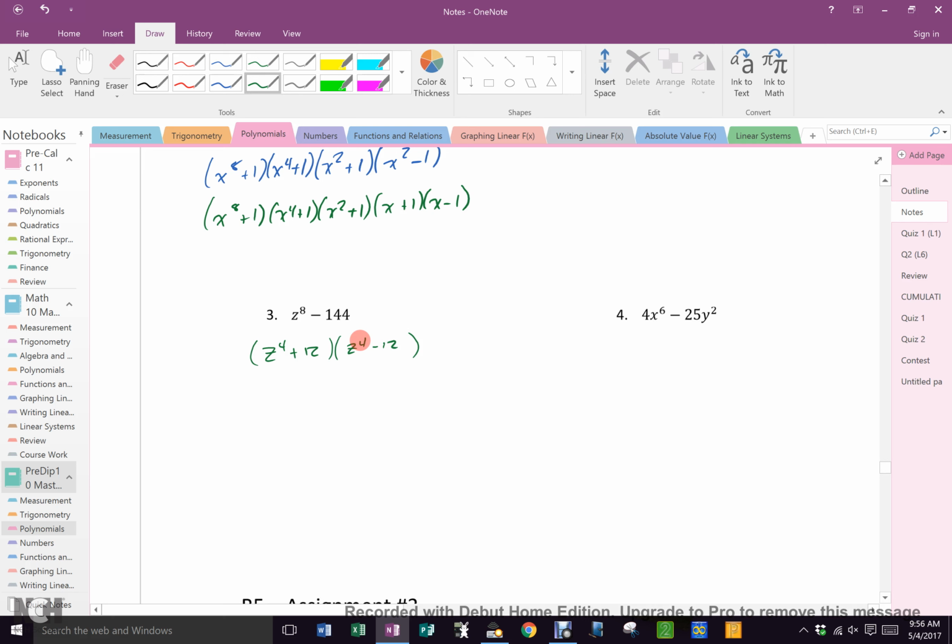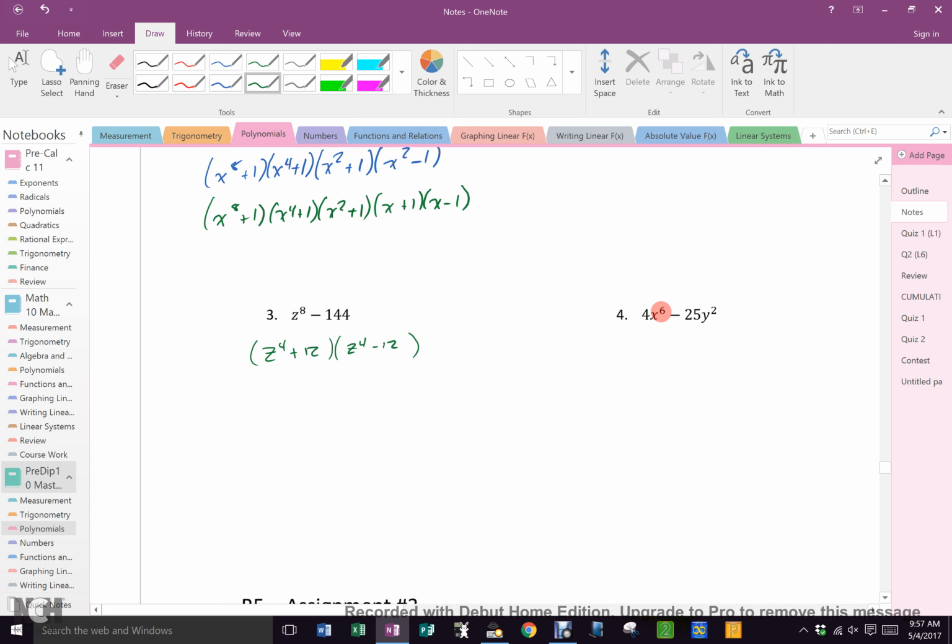Okay? Now, look at 4. 4 is the second hardest one of these kind we can do. What makes it difficult? There's coefficients and variables. But is that a perfect square? 4. Yeah.